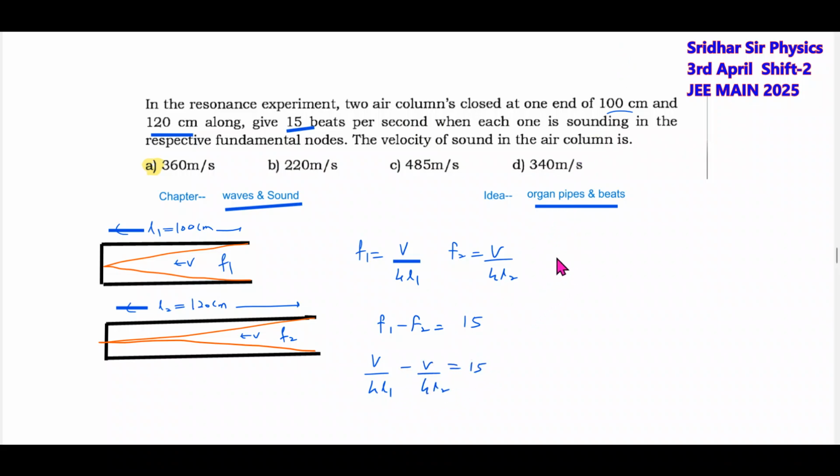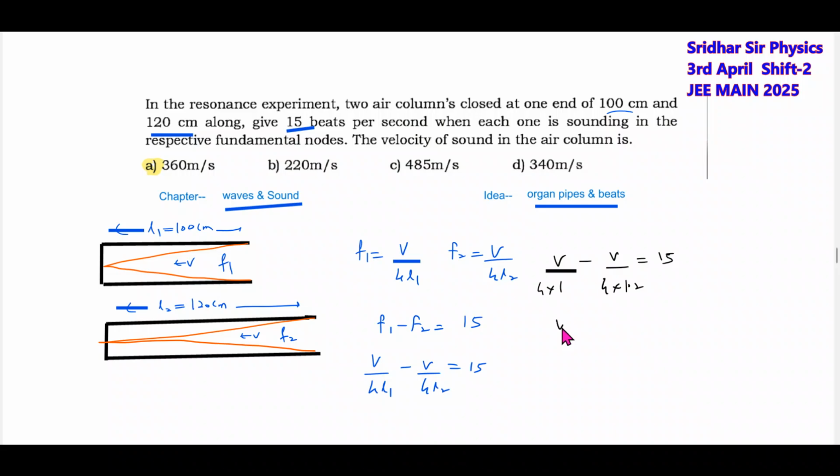Further solving, the speed of sound we have to calculate. Here 4 will go on that side. L1 is 100 centimeter, you convert into meter, this will be 1 meter. L2 is 120 centimeter, 1.2 meter.